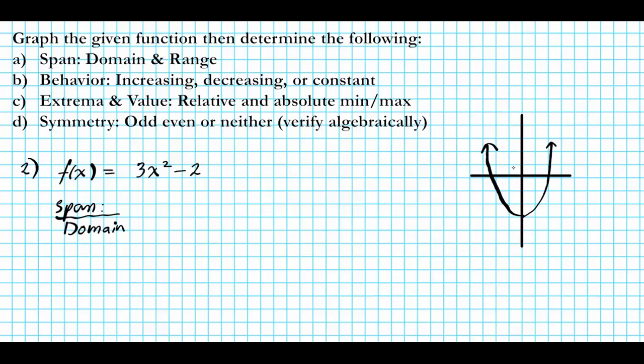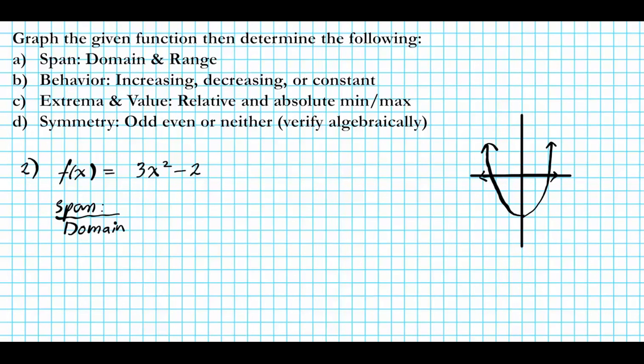So what's the horizontal span? If you project this graph onto your x-axis, what you're going to have is the entire x-axis. Because this arrow has a slight tilt, that means that the width of this graph is unconstrained. It's going to keep going wider and wider forever.